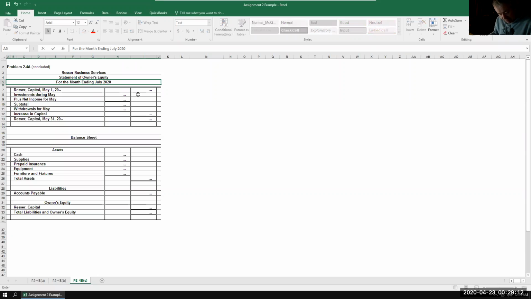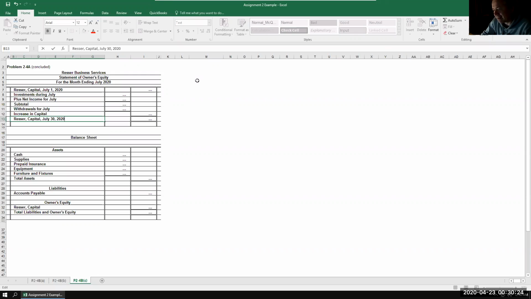We know that because in the first transaction they deposited the $25,000 in the name of the business, and up here at the very top of the problem, it says on July 1st, Resser opened the business services. We know this is the first month that this business is a business. Let me change this to July. Okay, now we have the dates correct. So this is the first month of the business.